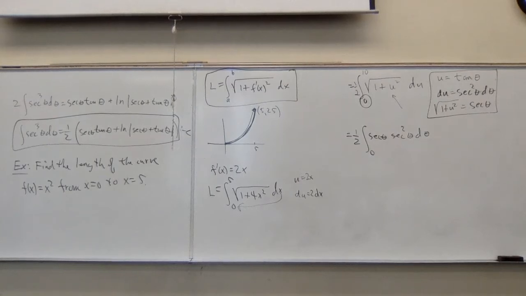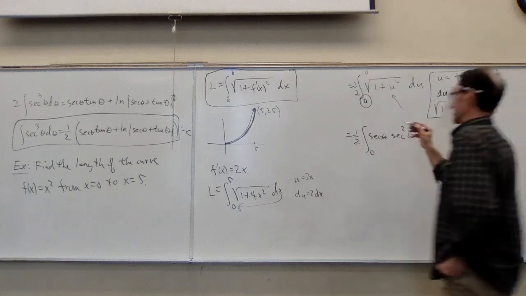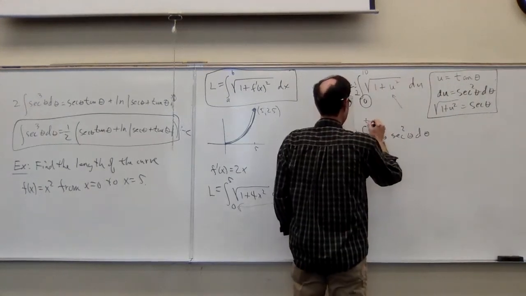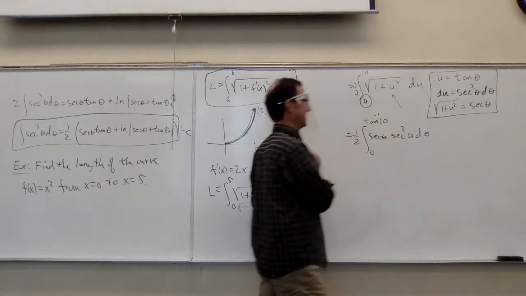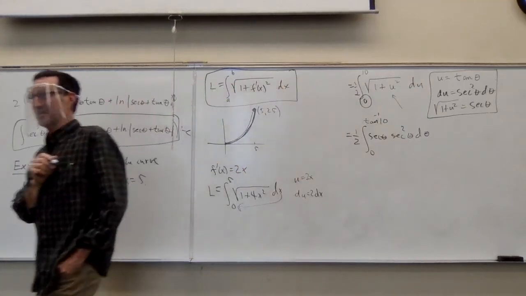The upper limit, originally I picked 5, which turned into 10 because of our substitution. We don't know the angle whose tangent is 10, but we know a symbol for it. And we like this better because we don't have to know. It's the inverse tangent of 10.